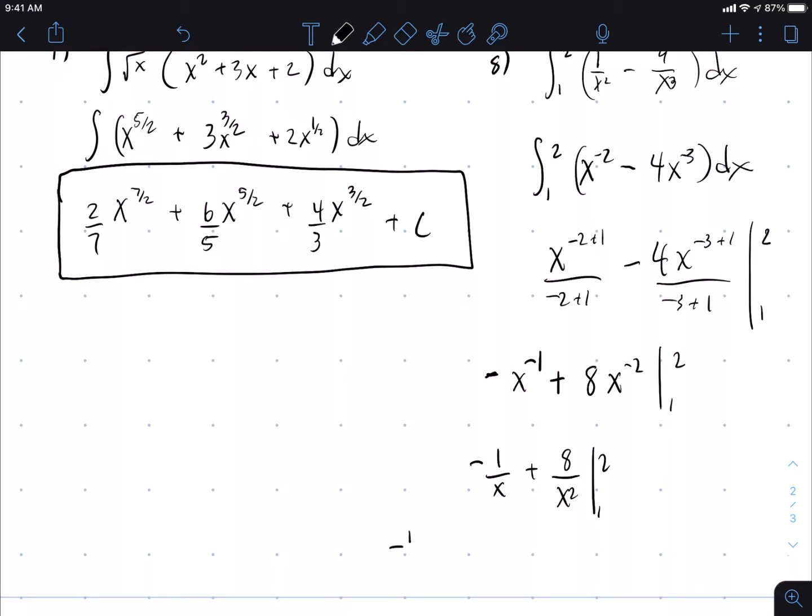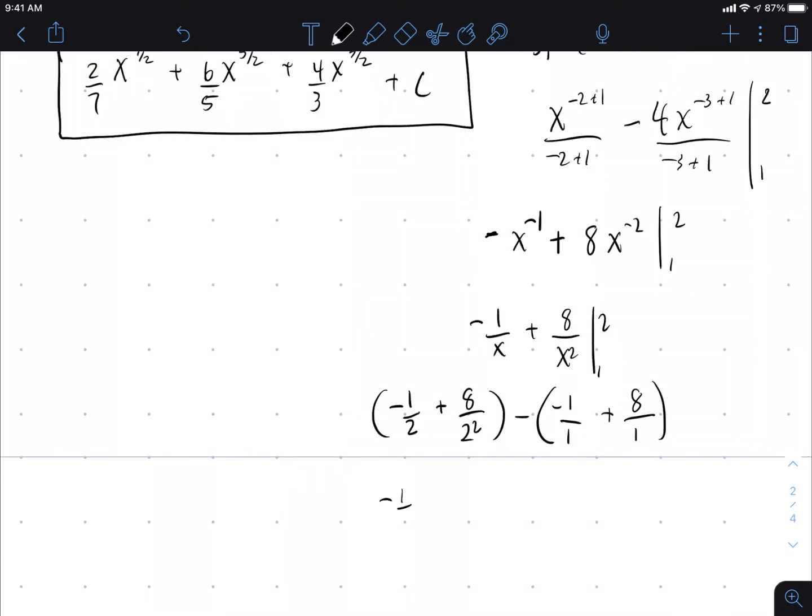So I'm going to get a negative 1/2 plus 8 over 2 squared, minus a negative 1 over 1 plus 8 over 1. Agreed? So I'm going to get a negative 1/2 plus 2, minus a negative 1 plus 8.